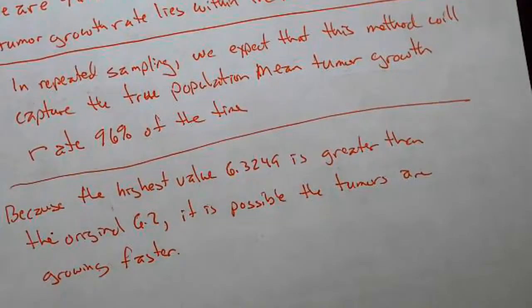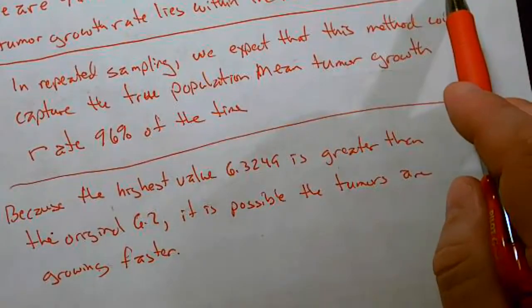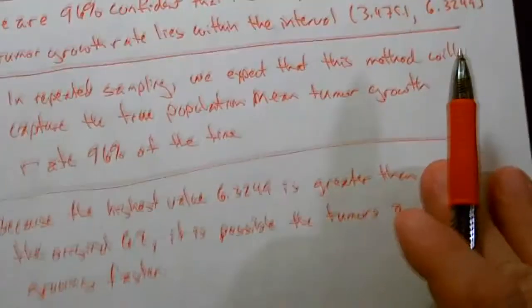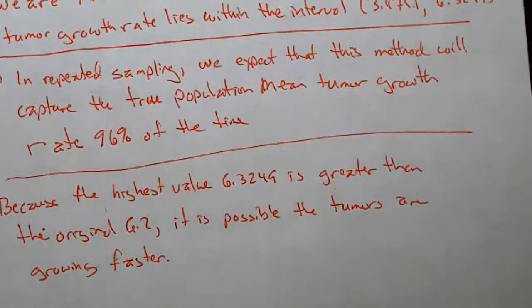Because remember, any value within here is possible. So it's possible that they have a 6.3 rate, which is faster than that initial 6.2 rate. So yeah, it's possible that they're growing faster.